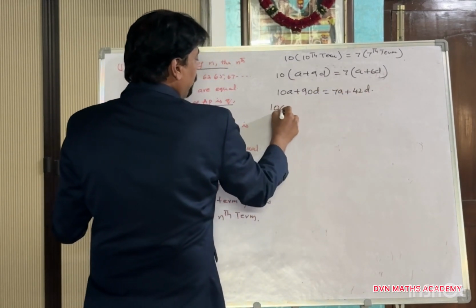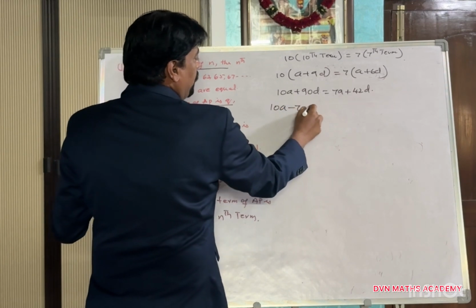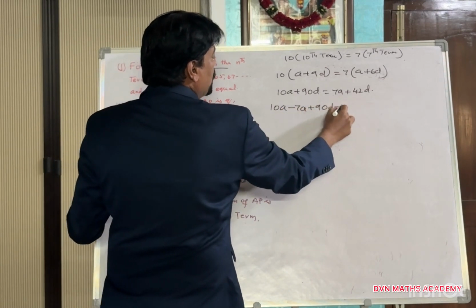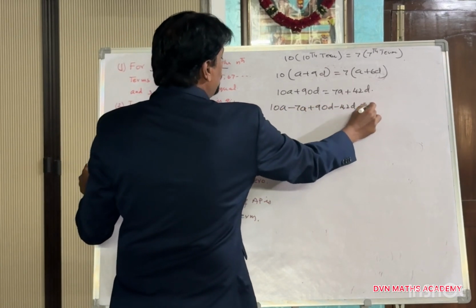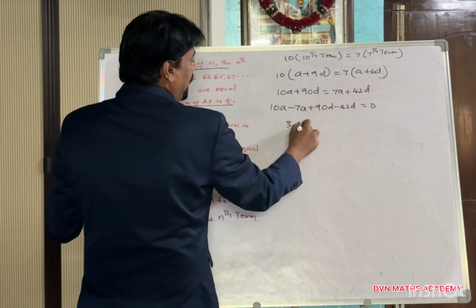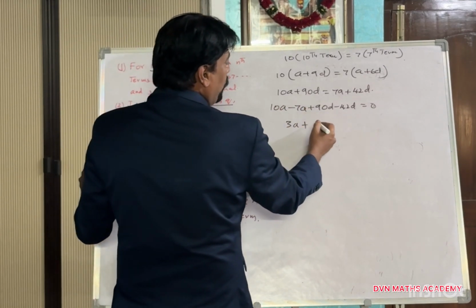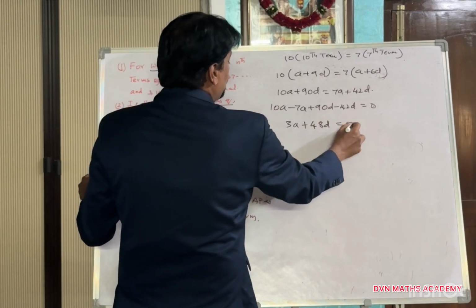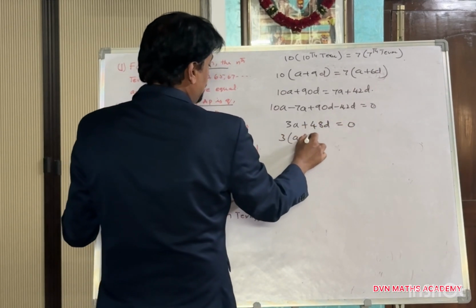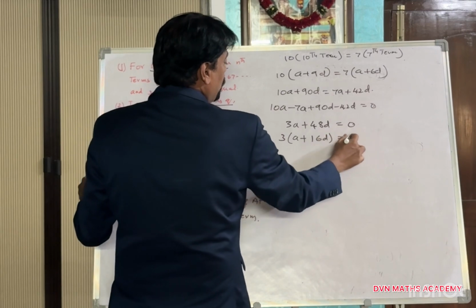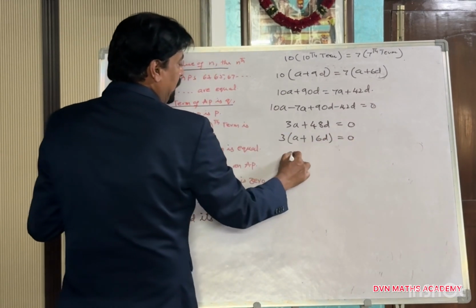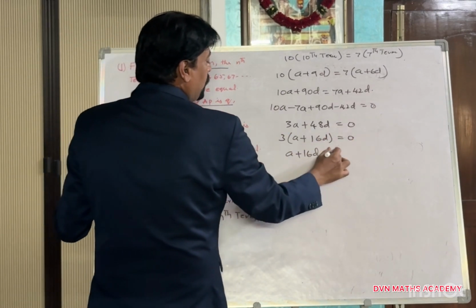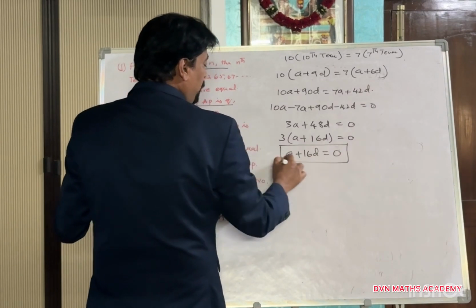So 10A minus 7A plus 90D minus 42D is equal to 0. This is 3A plus 48D is equal to 0. If I take 3 common, A plus 16D is equal to 0. This is the information I got.